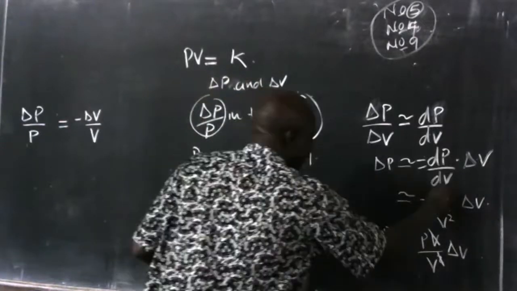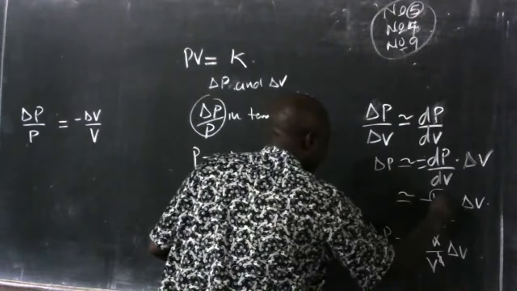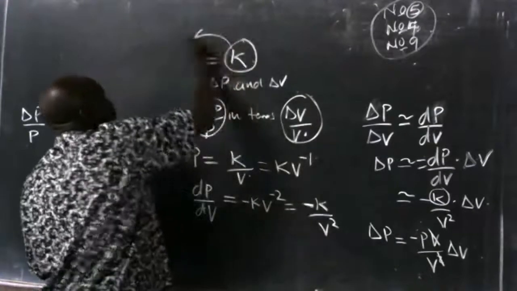Our value K, K was given to us as P what?